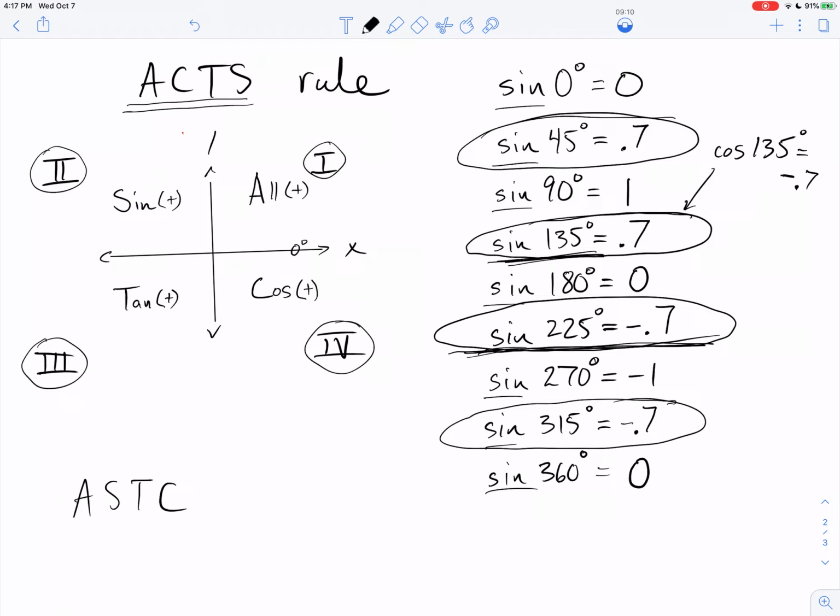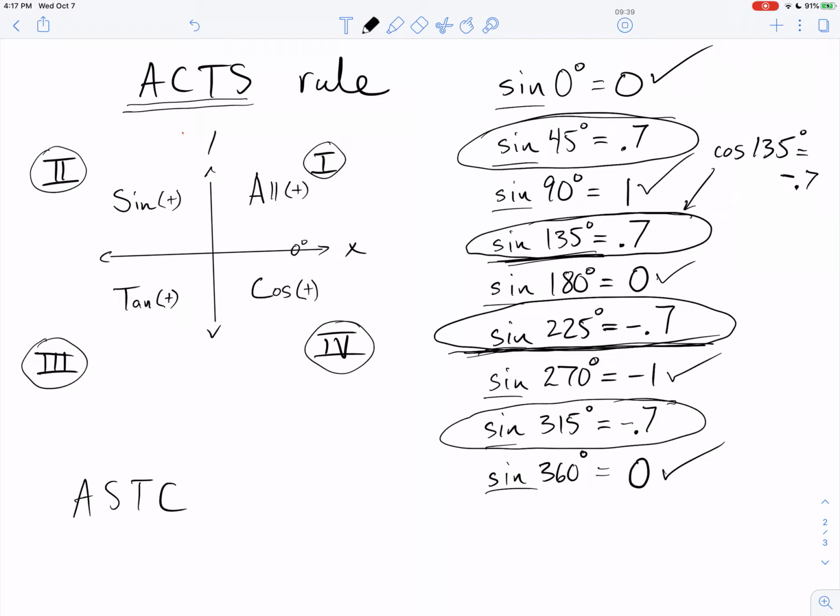But you'll also notice that we have some special guys. 0 degrees, I got 0 for an answer. 90 degrees, I got 1 for an answer. 180, I got 0 for an answer. At 270 degrees, I got negative 1 for an answer. And back to 360, all the way back around full circle, I'm back to 0.